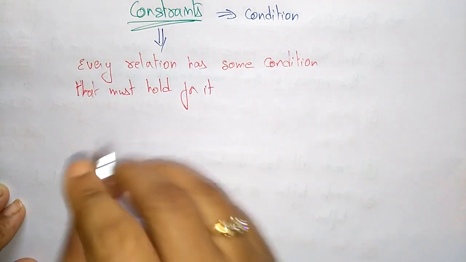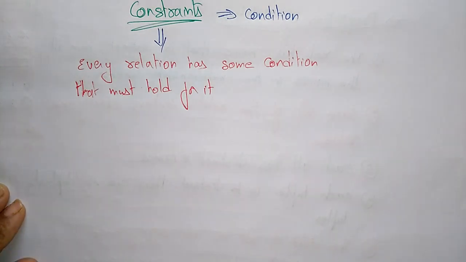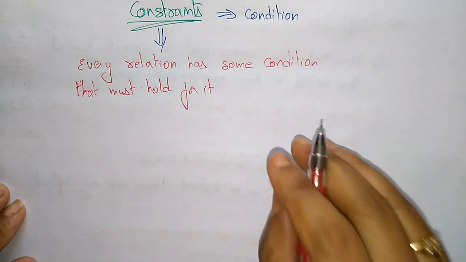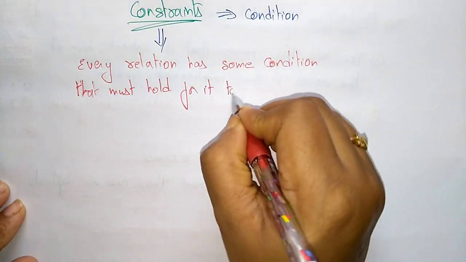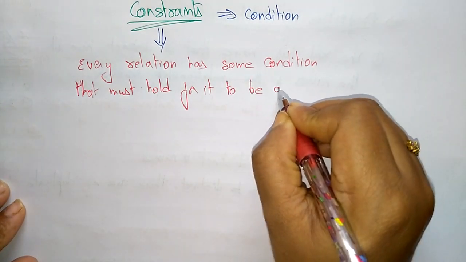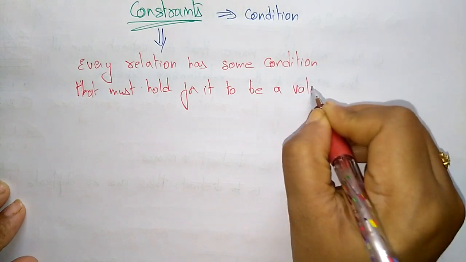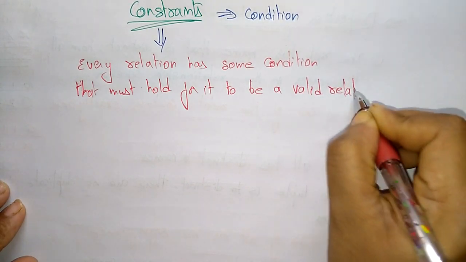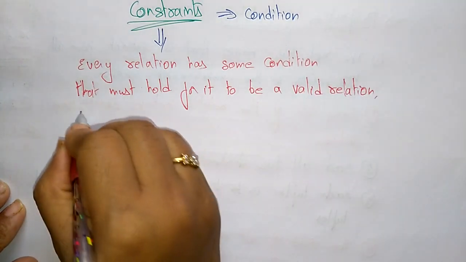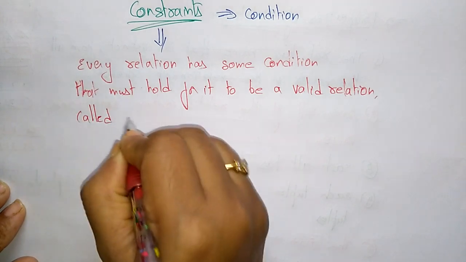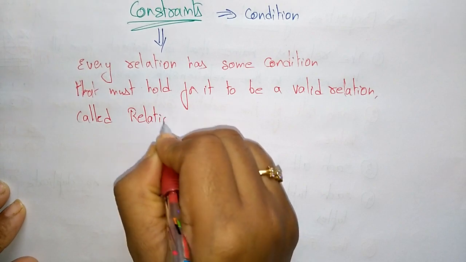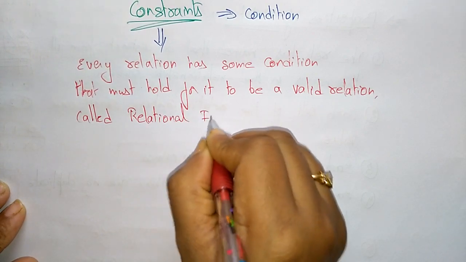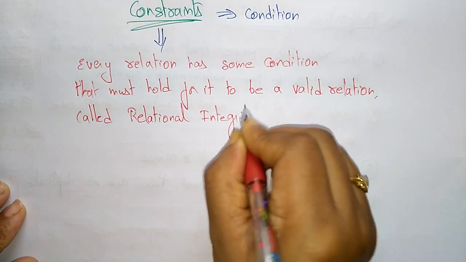So whatever relation you have taken, means whatever table you have taken, has some condition that must hold for it to be a valid relation. You call it a relational integrity constraint.